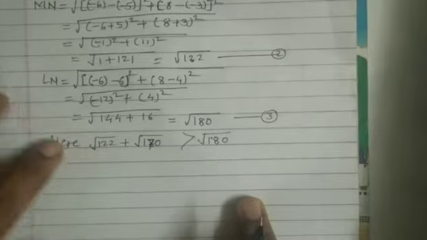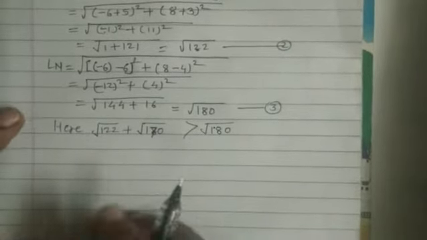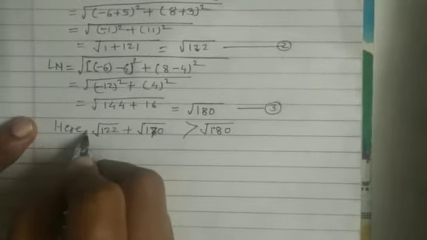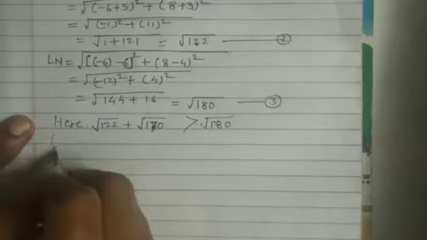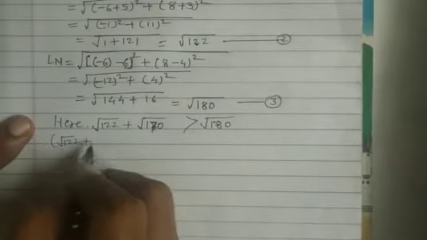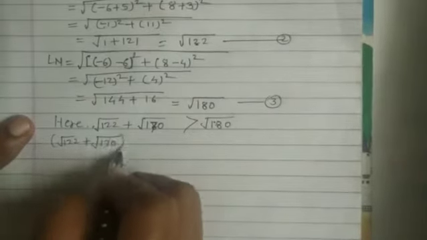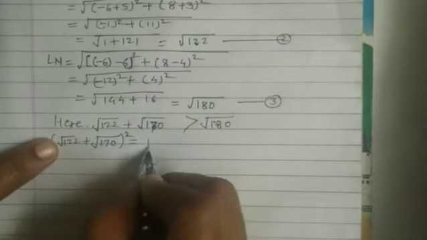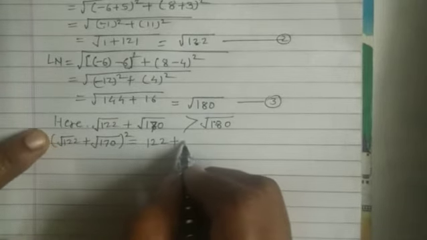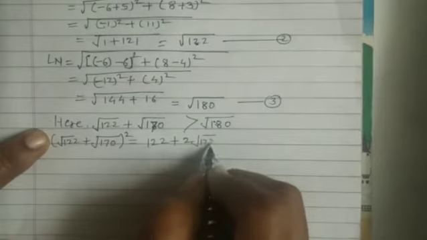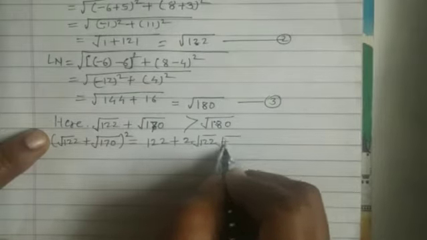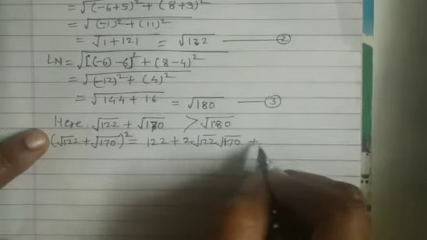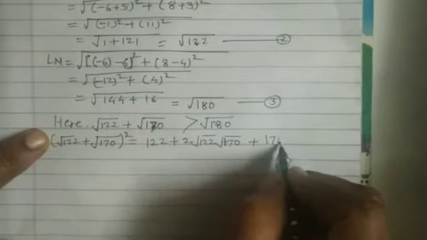And that can be simplified by squaring both sides. First we square this side and then we square that side. Root 122 plus root 170, squared, is equal to the square of the first term 122, then 2 into root 122 into root 170, plus the square of this term, 170.